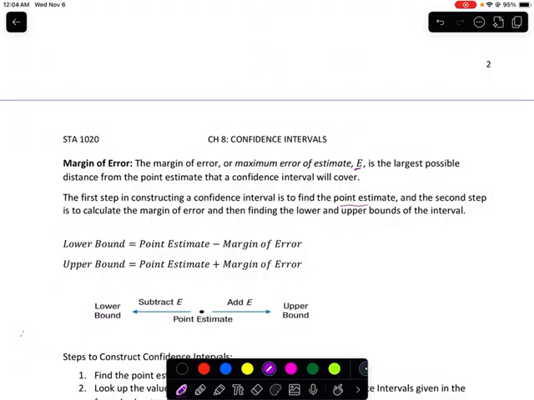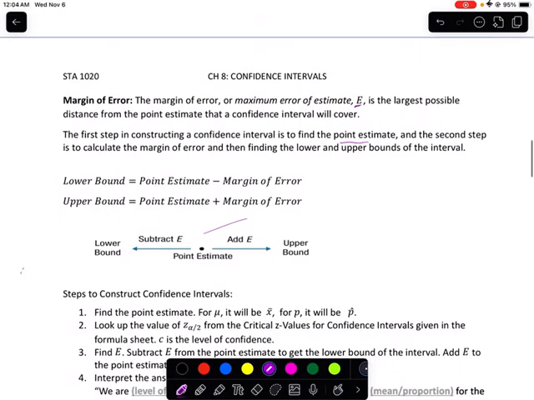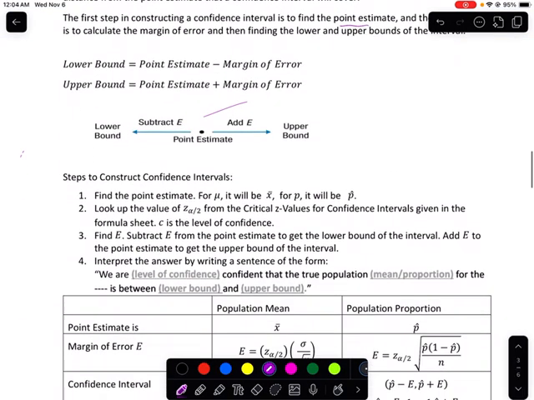The second step is to find the value of E, the margin of error, and then we can get the lower bound of the interval by taking our point estimate and subtracting E from it, and the upper bound of the interval we will get by adding E to the point estimate. That will give us the upper and the lower bounds. So these are the steps.